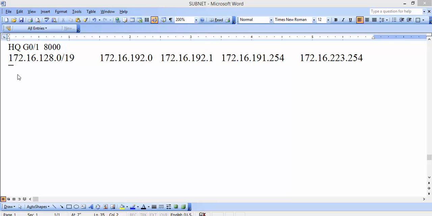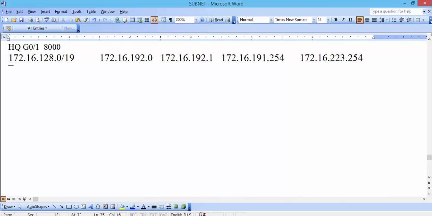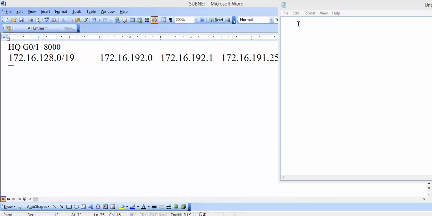The next network address, the next subnet, is going to be 172.16, and since it was a /18, the network goes up by 64.